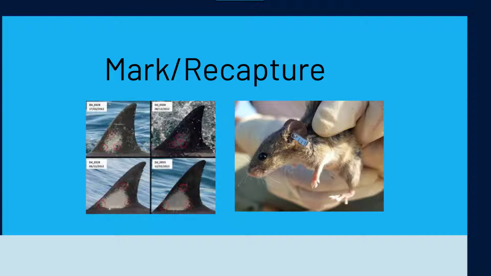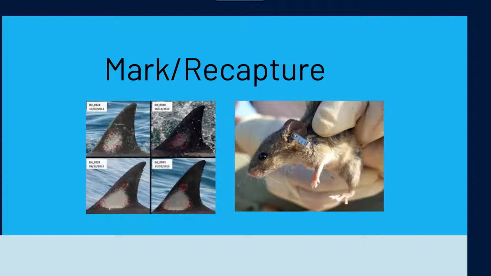Same kind of thing on the left-hand side with the dorsal fins of these dolphins. There's specific patterns, and humpback whales are a good example as well. Both dorsal fins as well as the underside of and ridges of whale tails are useful for being able to document the movements of those animals from one part of the ocean to the next.